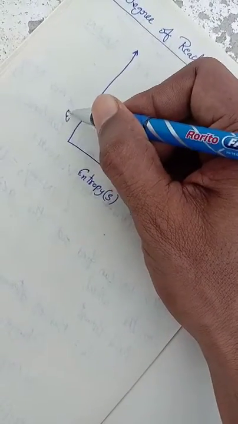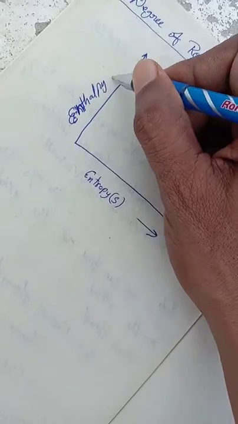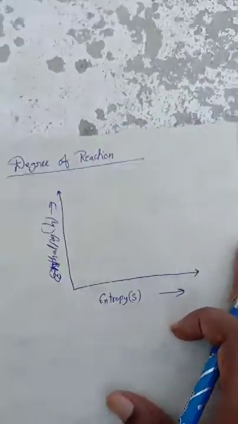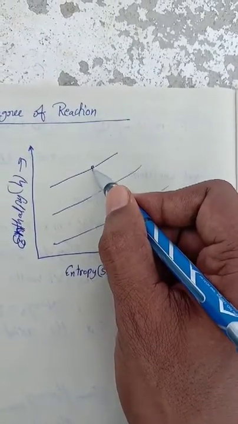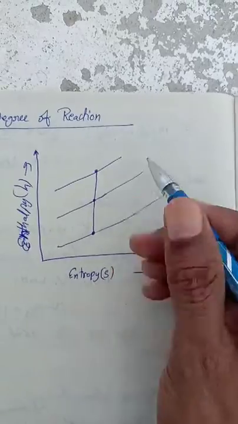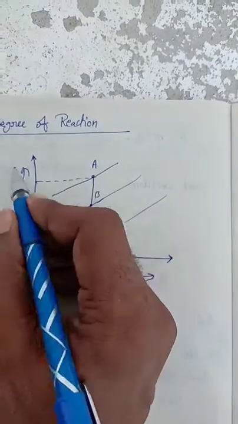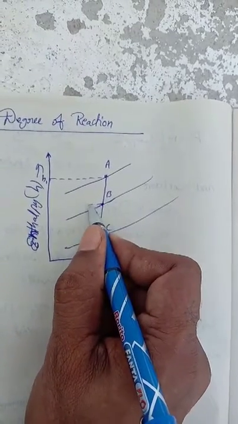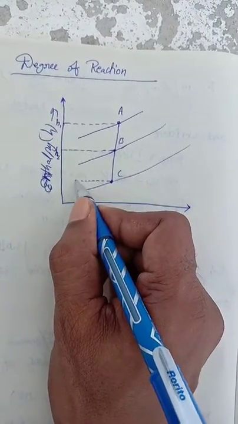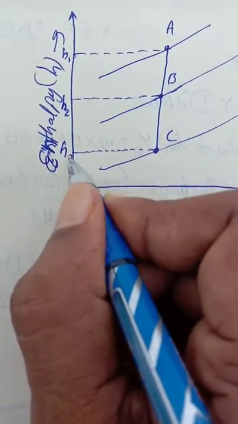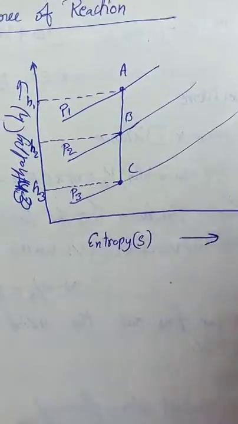Now I take this enthalpy, I draw the diagram, pressure, A, B, C, H1, H2, H3. This is P1, P2, P3.